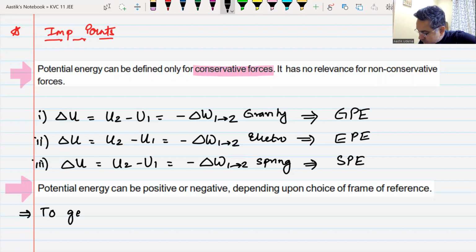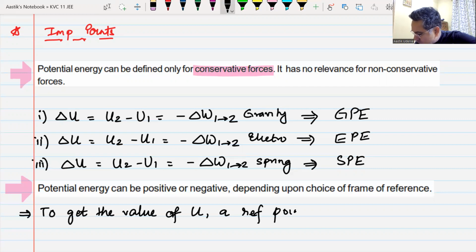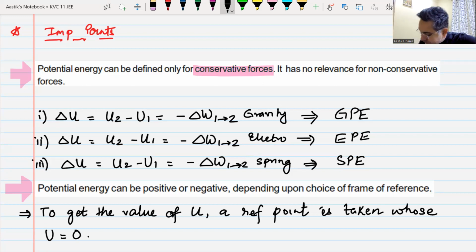To get the value of potential energy, a reference point is taken. Whenever we talk about potential energy, always we will have a reference point which would be taken, whose potential energy is taken as 0.